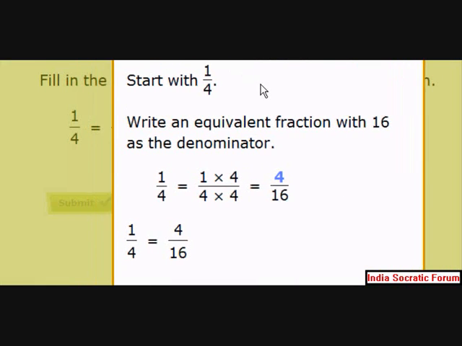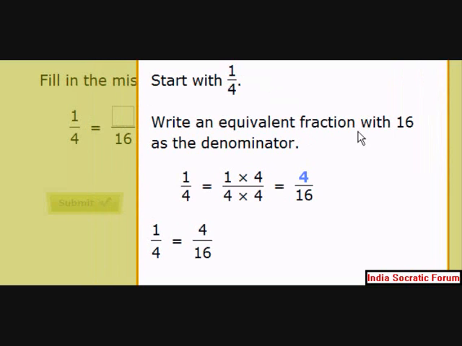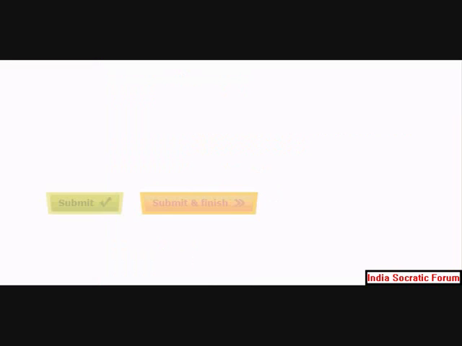Start with 1 by 4. Write an equivalent fraction for 16. 4 times 4 is 16, right? So multiply the numerator by 4. Therefore 1 times 4 is 4. 1 by 4 equals 4 by 16.